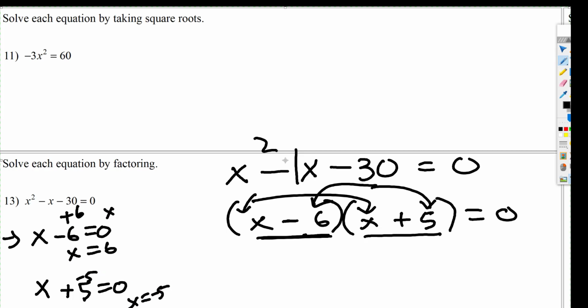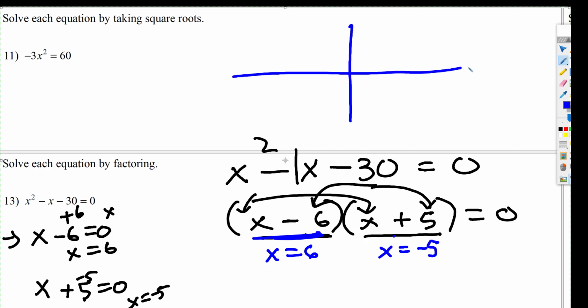The other way that I've shown you before is you can just use kind of intuitive. What will zero out -6? 6. What zeroes out +5? -5. And if I said, I would like you to show me a general sketch of that graph, well, we know it's going to touch down there at -30, and over here at -5, and over here at +6.